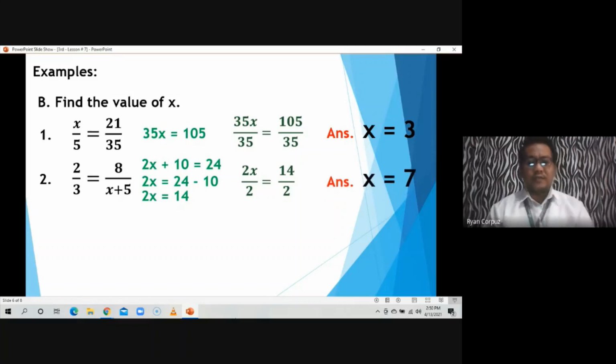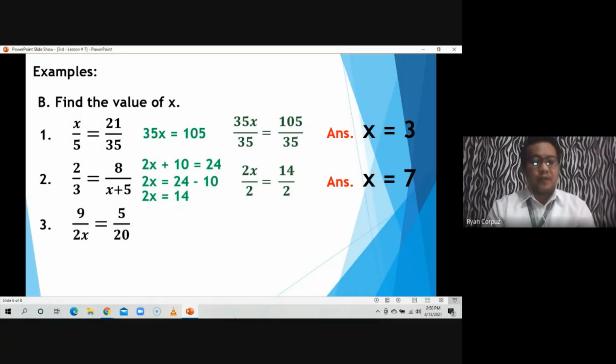Therefore, the answer is x is equal to 7. So that's how we answer example number 2. We solved it by applying cross multiplication, or the fundamental law of proportion. Did you get example number 2? So let's try another example. Let's have number 3 here.